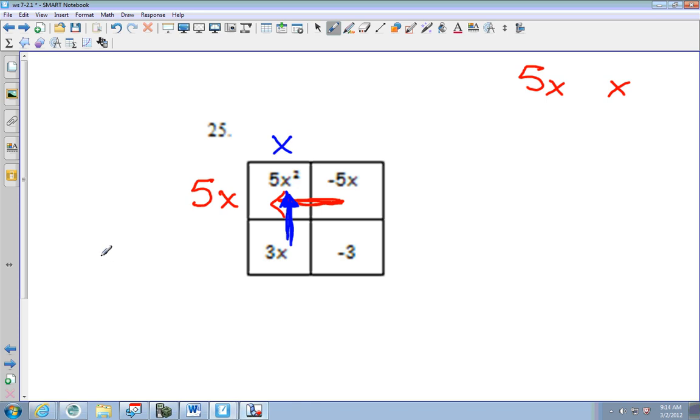Okay? Now, don't worry, we're going to be working more with this later. But 5x times what gives me negative 5x? Negative 1, not negative 1x. X times what gives me 3x? Plus 3. Would you write down here, please, what are my factors and what is my product?